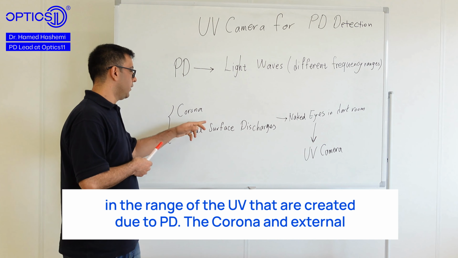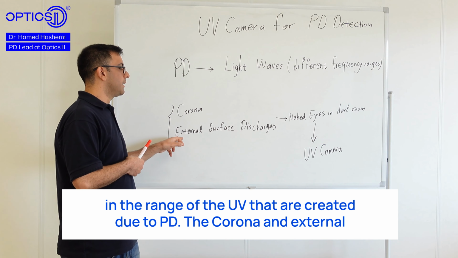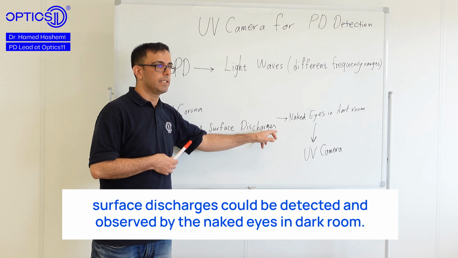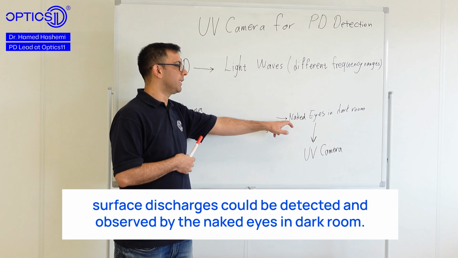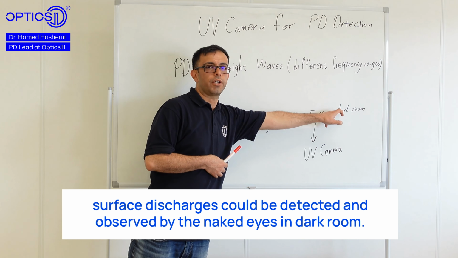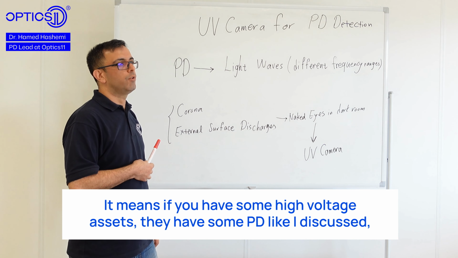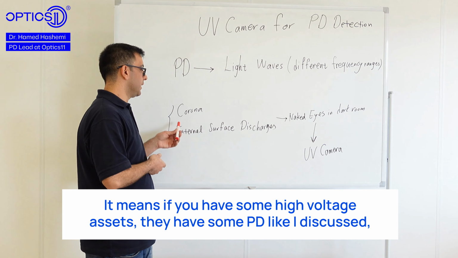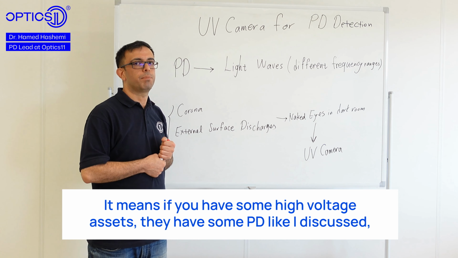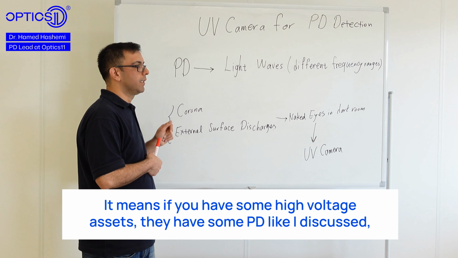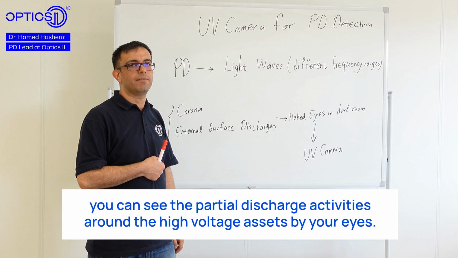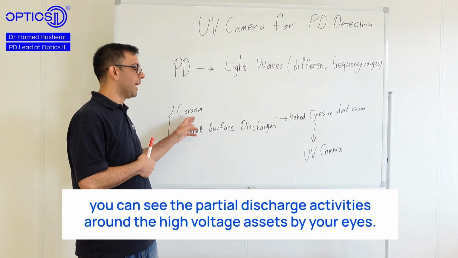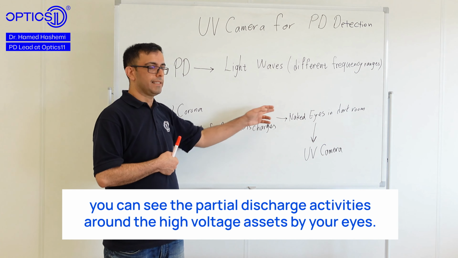The corona and external surface discharges could be detected and observed by the naked eye in a dark room. It means if you have some high voltage assets, they have some PD, like I discussed, you can see the partial discharge activities around the high voltage assets by your eyes.